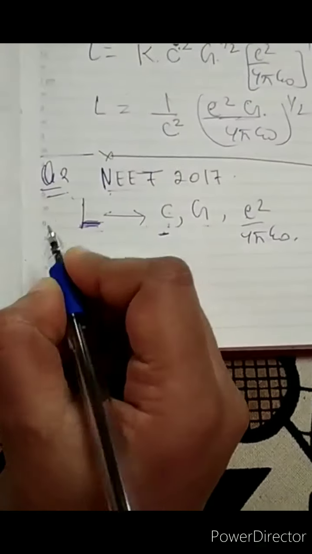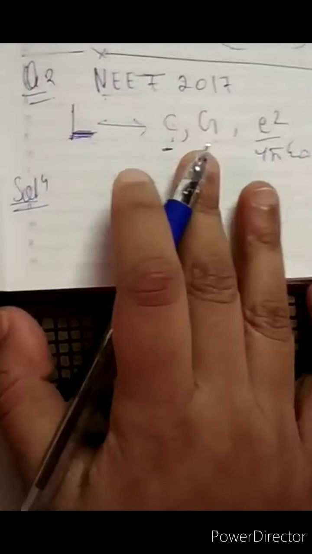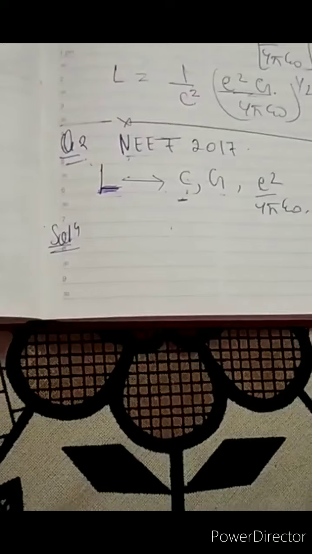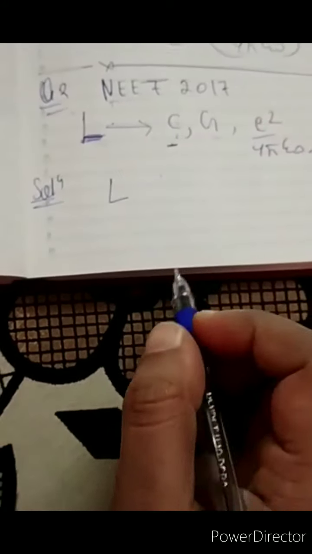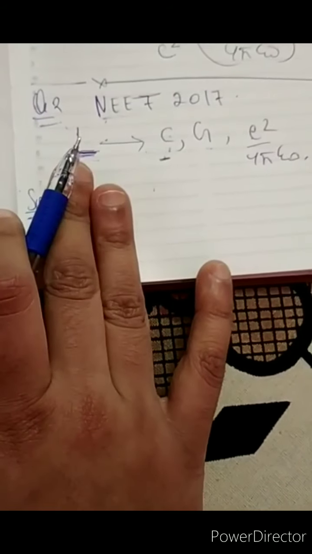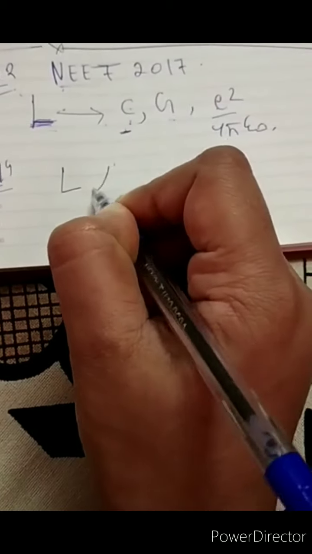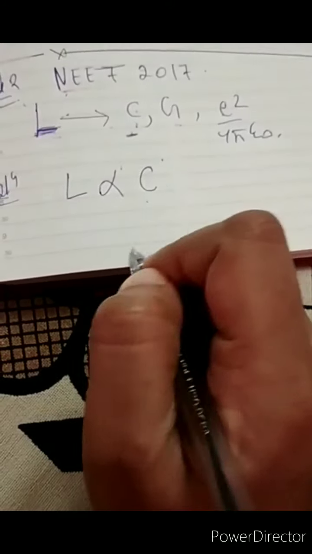Okay, the solution. If you want to solve it on your own, just pause the video and go through it. Now we already know that if we have a physical quantity length which depends on these three factors, it means length is directly proportional to C, the velocity of light.